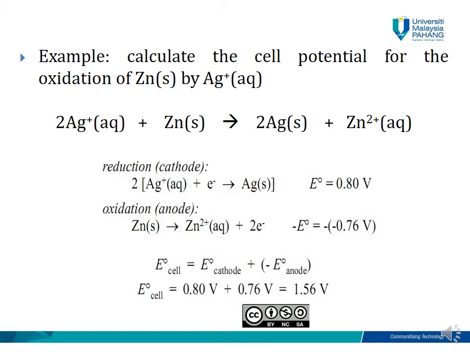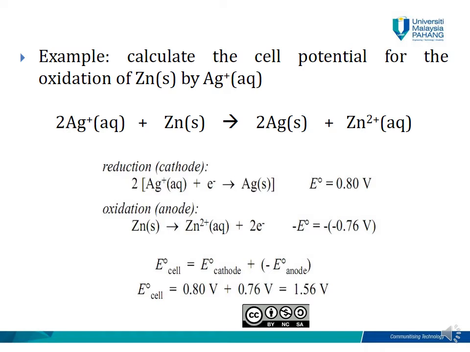Okay, so let's say the reduction process will undergo at the cathode electrode. So this is the concept that you need to understand very well. At the cathode, the reduction occurs. When we talk about the reduction process, you need to refer back to the table that I mentioned just now.